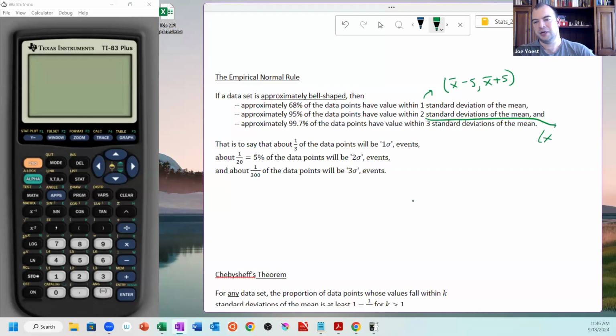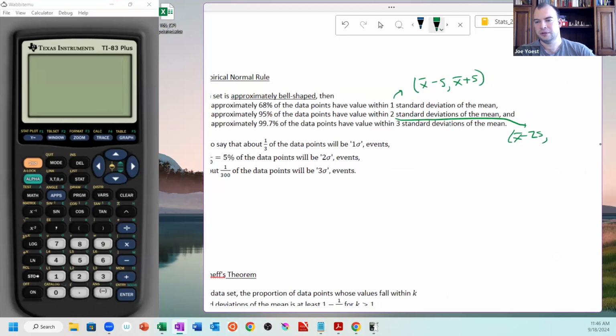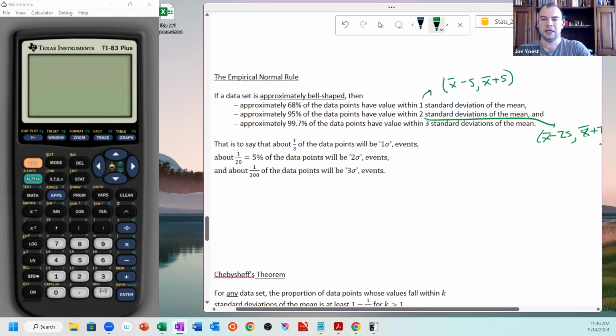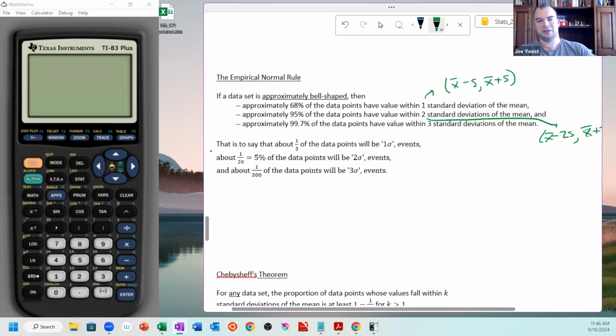So that's x bar minus two standard deviations up to x bar plus two standard deviations. And approximately 99.7% of the data points will have a value within three standard deviations, x bar minus 3s to x bar plus 3s.